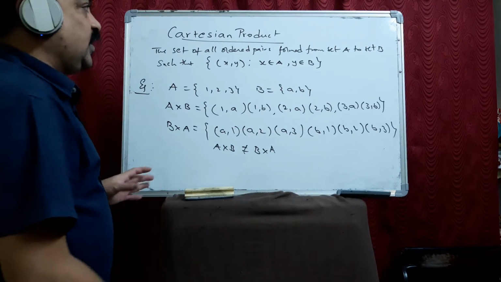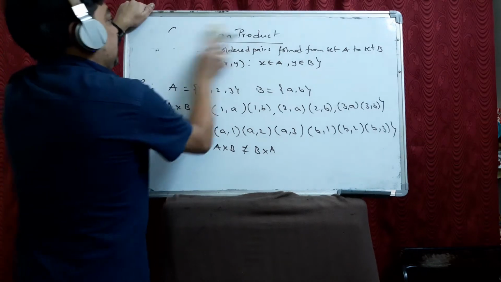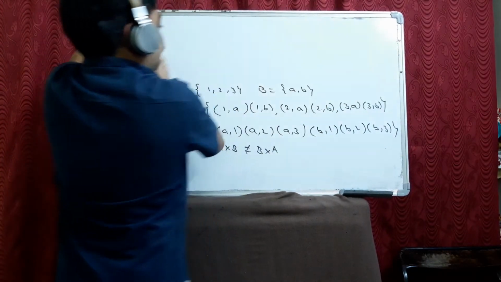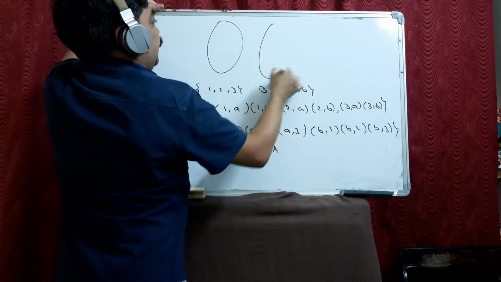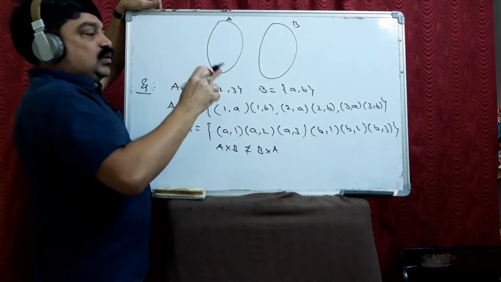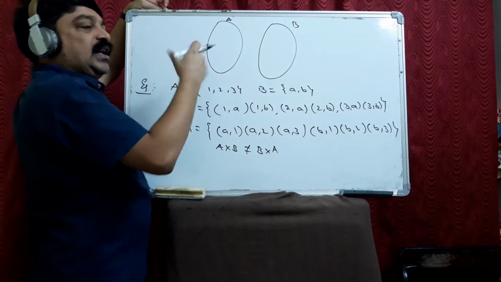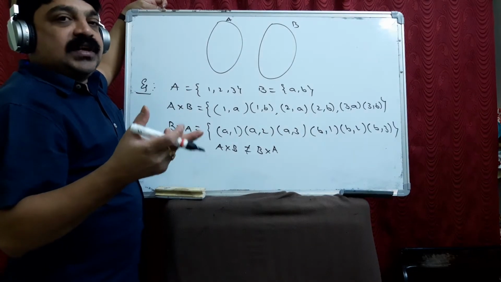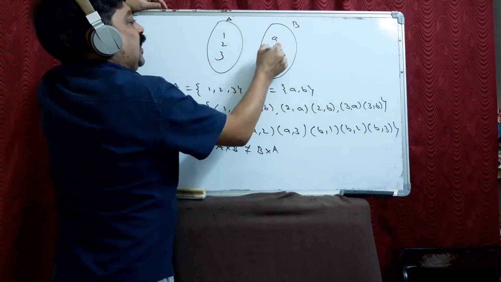Actually, if you look at this carefully, I'll go with the mapping, how these are mapped. We generally represent sets like this. It is not necessary to draw circles or ovals; it can be anything, but a set can be represented in an oval shape. Usually we write 1, 2, 3 and a, b.